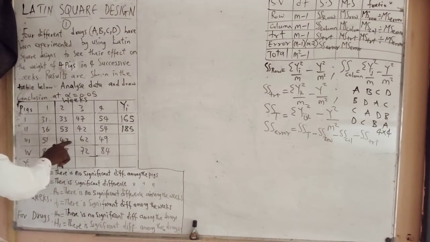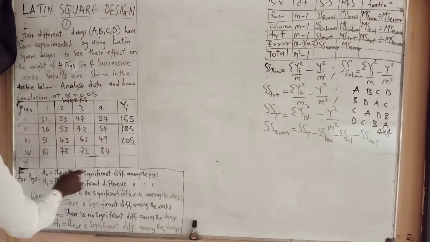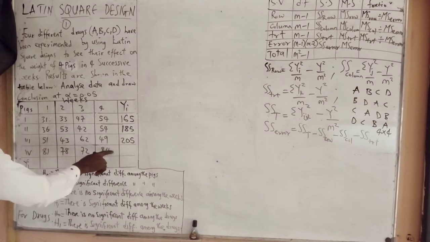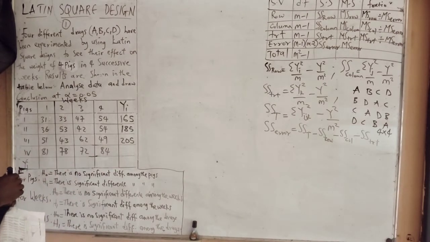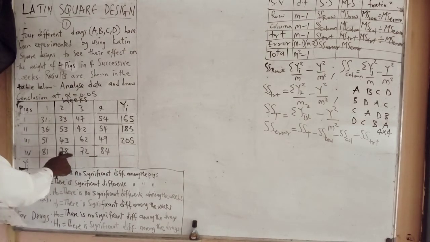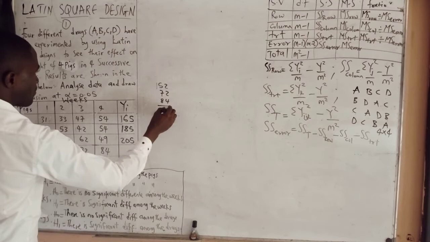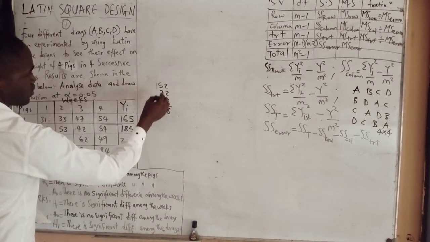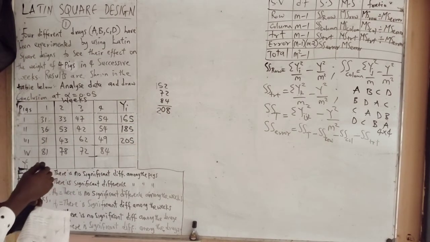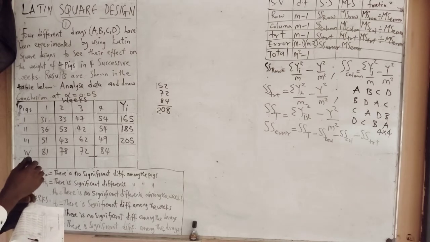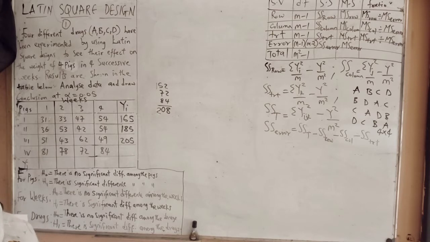Then this plus this plus this plus this will give you 205. This plus this plus this plus this will give us 159 plus 72 plus 84. That will give us 208. 81 plus 79 is 159.